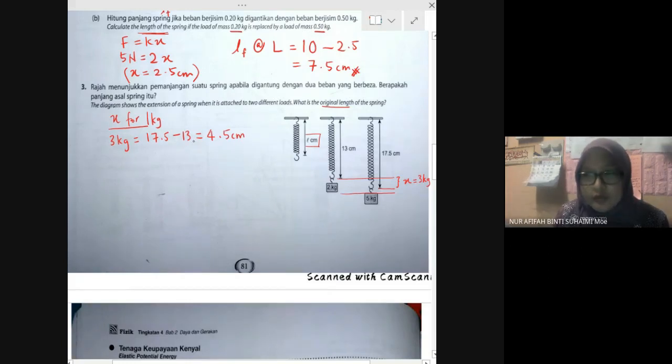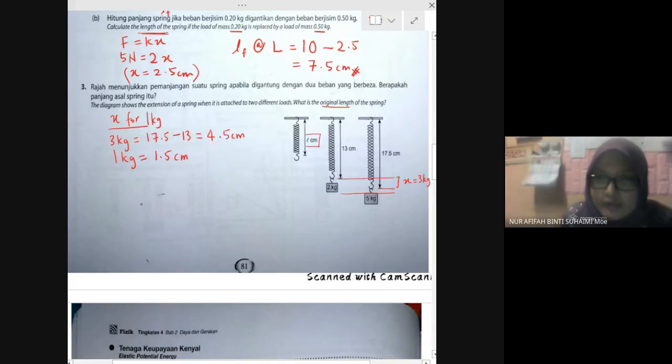Okay, so for 1 kilogram, the extension is 4.5 divided by 3. Now we get 1.5 cm. Boleh faham? Okay. So 1 kilogram is 1.5 cm.